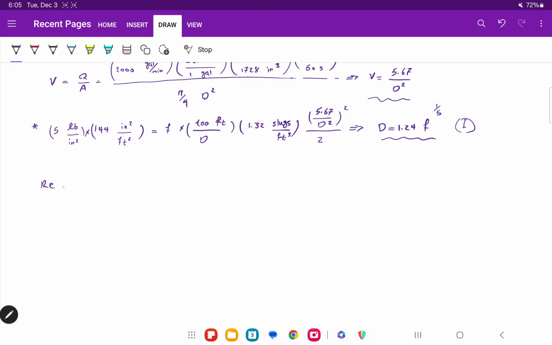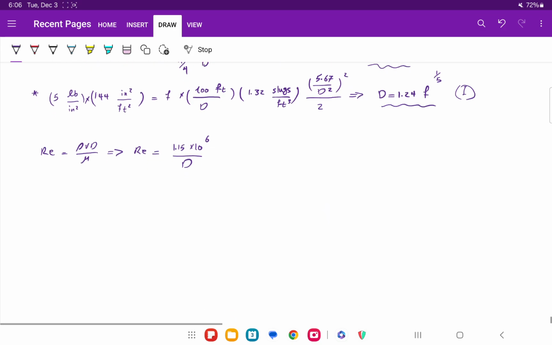The second one is Reynolds. It's pretty similar actually. Rho V d over mu. You know the density, the diameter is unknown, and for velocity you should use this one, and you have the viscosity. So Reynolds number equals 1.15 times 10 to 6 over d. And we should consider we are in turbulent flow.